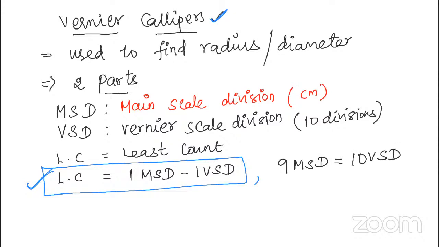These two formulas are very important for the calculation. When the least count is asked, we are going to use both formulas. So least count is equal to 1 MSD minus 1 VSD and 9 MSD is equal to 10 VSD.